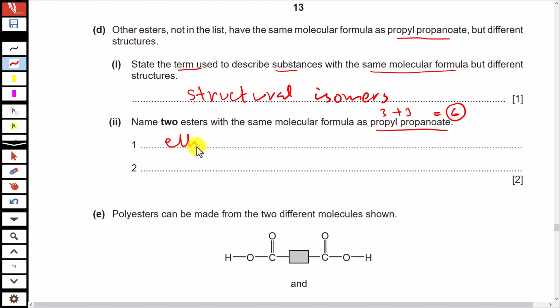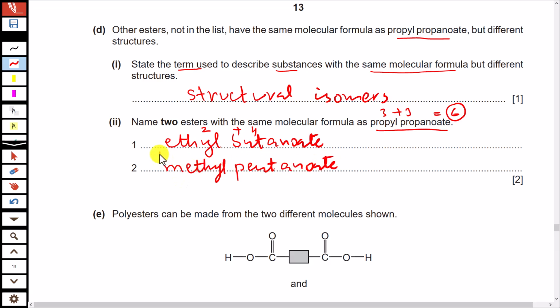One could be ethyl butanoate. The alcohol has 2 carbon atoms, and the carboxylic acid forming this ester has 4 carbon atoms. You may also say methyl pentanoate. In this ester, the alcohol part has 1 carbon atom and the carboxylic acid part has 5 carbon atoms. So again there are 6 carbon atoms. These 2 are structural isomers of propyl propanoate because they have the same molecular formula as propyl propanoate.